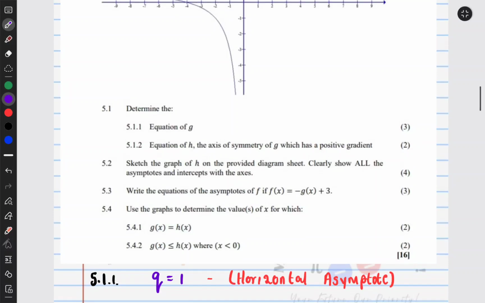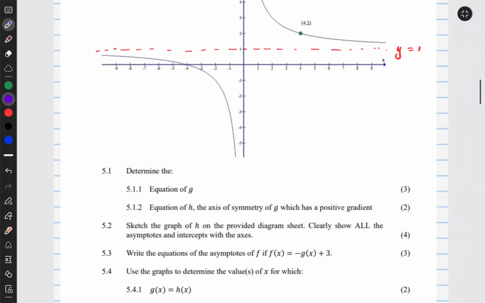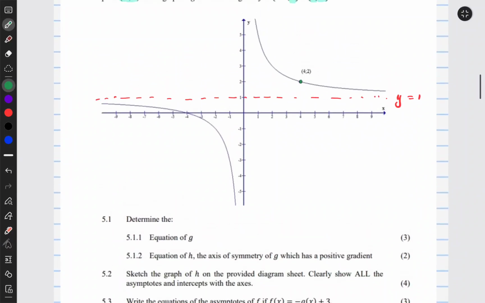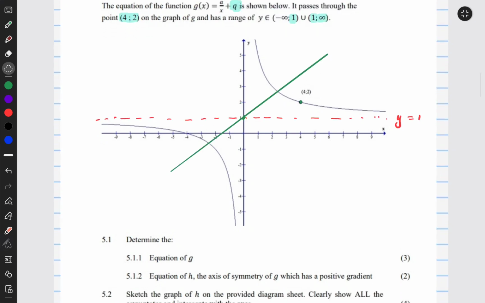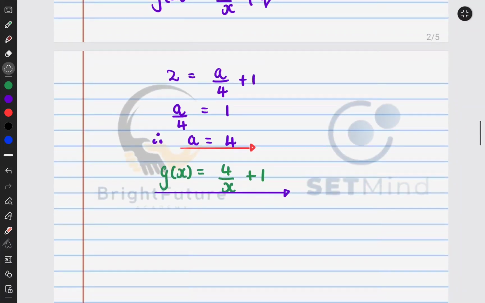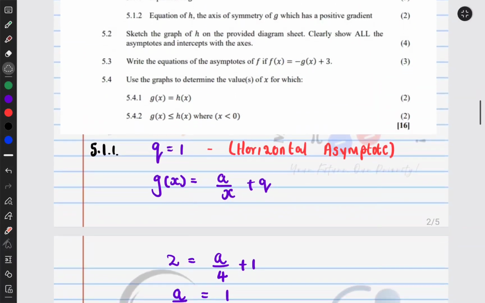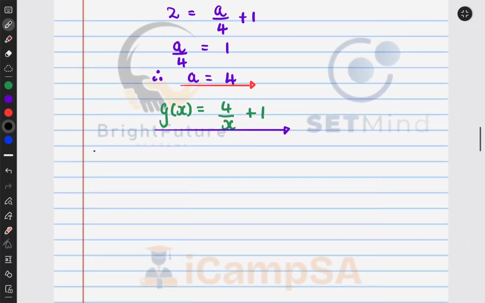Okay, and then next, 5.1.2, the equation of h, the axis of symmetry of g with a positive gradient. The axis of symmetry passes through the asymptote, so it's going to be like this. The equation is going to be y is equal to x plus 1.